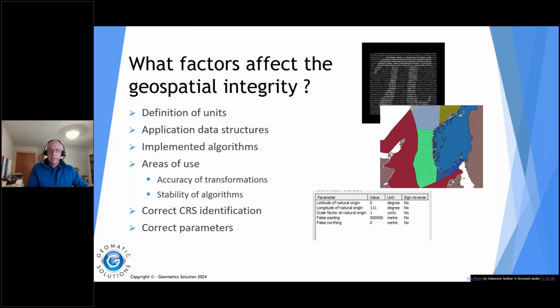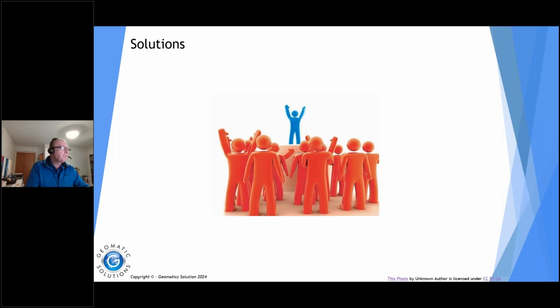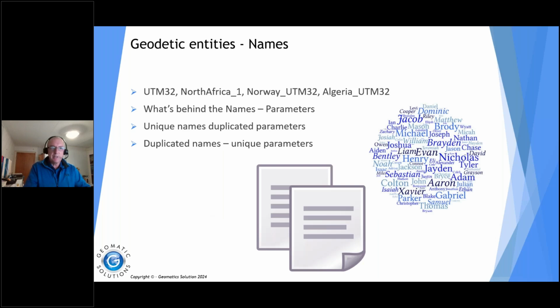So that gets us into solutions. And the first thing that we generally look at is geodetic entity names. You remember I said that people tend to name the coordinate reference systems funny or do their own thing. I've seen "Pete's US CRS," for instance. Got some examples here: North Africa 1, Algeria UTM 32.